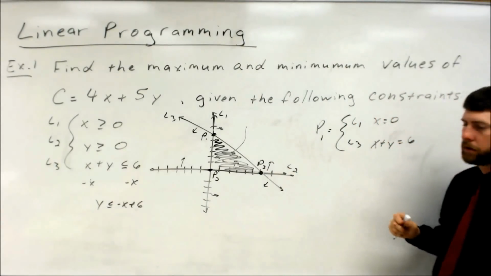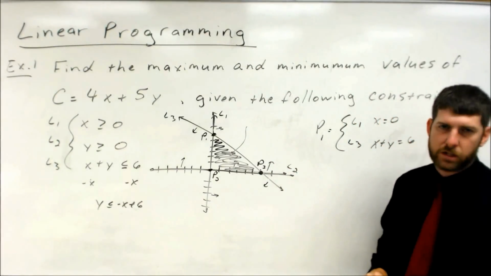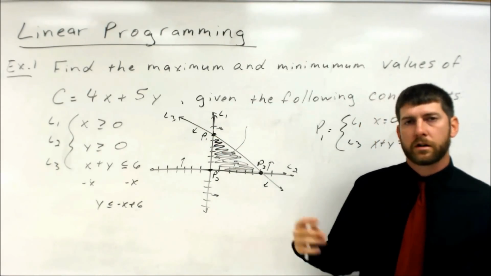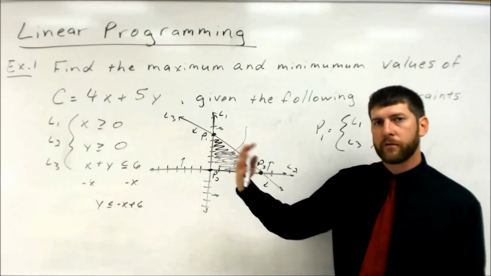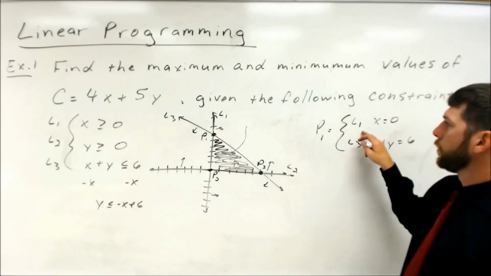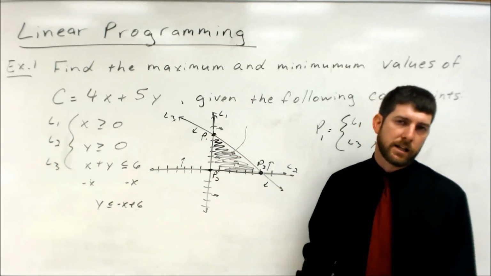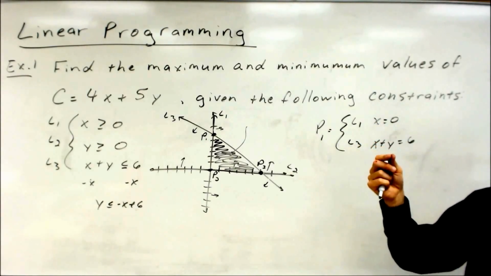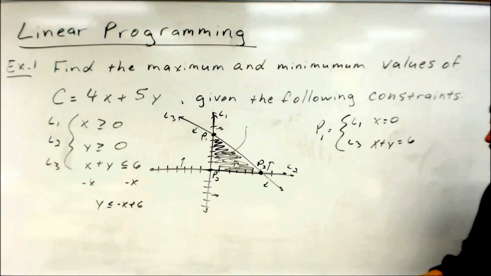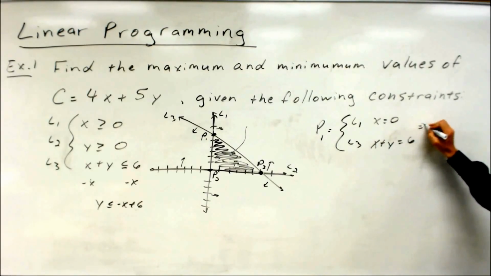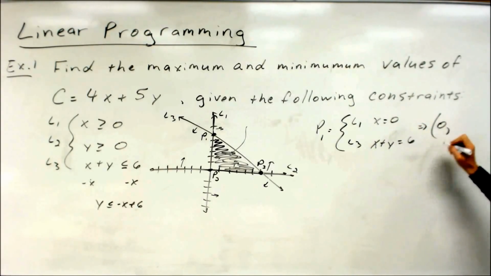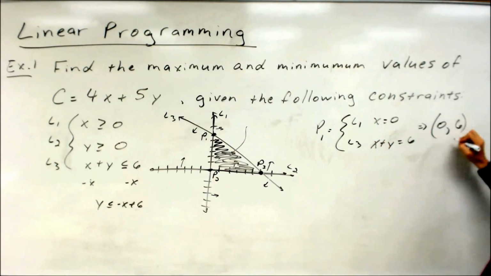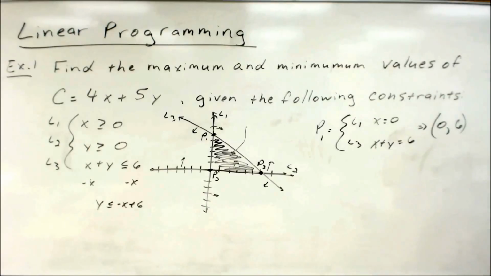Why do I have those as equal signs? Well, it's because we're talking about the points on the line. Inequality talks about shading one side of a line or another, above or below, left or right. When we're looking at the actual points on the line, that's the equal to. So we want to know what point on the two lines is in common, so we're just going to look at where they're equal. Go through and solve. The x coordinate is 0. If my x coordinate is 0, my y coordinate has to be 6. So (0, 6) is my first point.